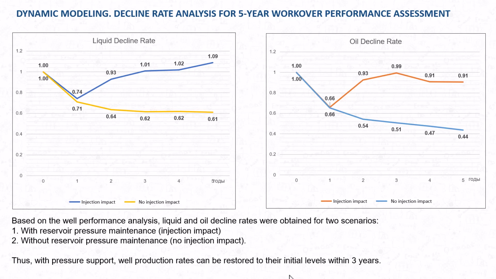And in this particular case, with an example of this asset, we can see that the decline rate would be very slow if we inject. And we can technologically successfully support the pressure in our producers, allowing us to produce more oil year by year. So in this particular case, we need to go with the waterflood.